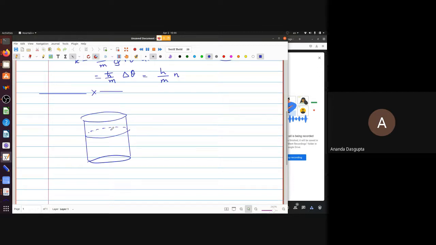Now, what happens to the liquid surface in such a case? This is something which you studied in class 12 perhaps, or at least somewhere in general properties of matter. If you have a rotating liquid in a vessel, what does the liquid surface look like?